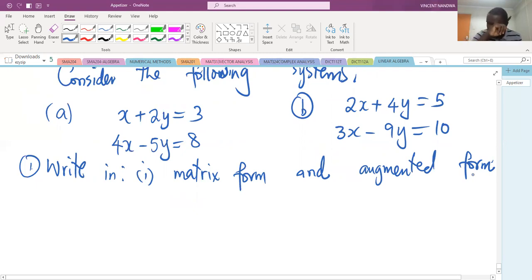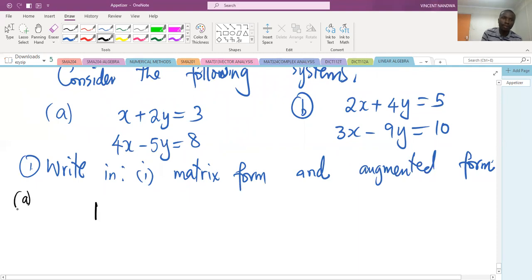So if you know how to write in matrix form, then it's very easy to write it in augmented form. Remember, the first thing you have to ensure is that the variables in each of the equations are in columns, with x first and then followed by y. Order is very key. So here, identify the coefficient of each of them. Like for this one, the coefficient is 1.